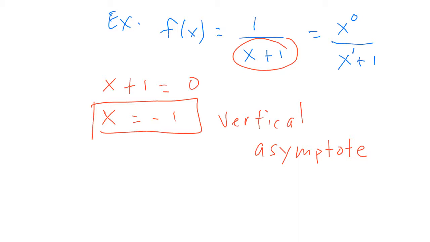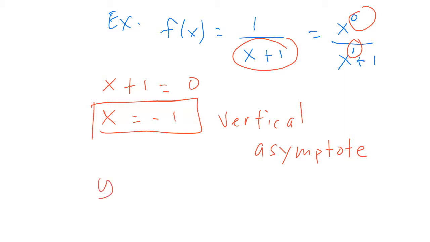And the second rule here: if the numerator has lesser degree than the denominator, so that's what we have here, lesser degree by 1, then there is a horizontal asymptote, y is equal to 0.